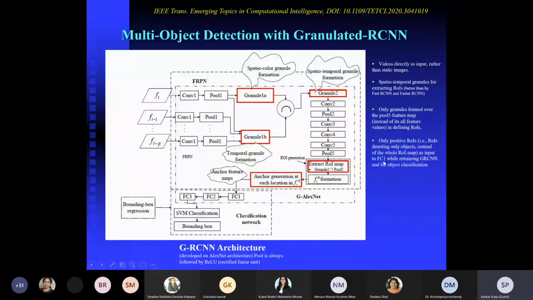When we are retraining the GRCNN model, that is retraining the AlexNet model, because of these new granules, and also for object classification, similarly only the feature regions corresponding to this ROI, instead of the entire feature map, are used for performing object classification. Therefore, it improves real-time detection speed and accuracy. It is developed based on the AlexNet architecture. Here, pool is always followed by a linear unit.